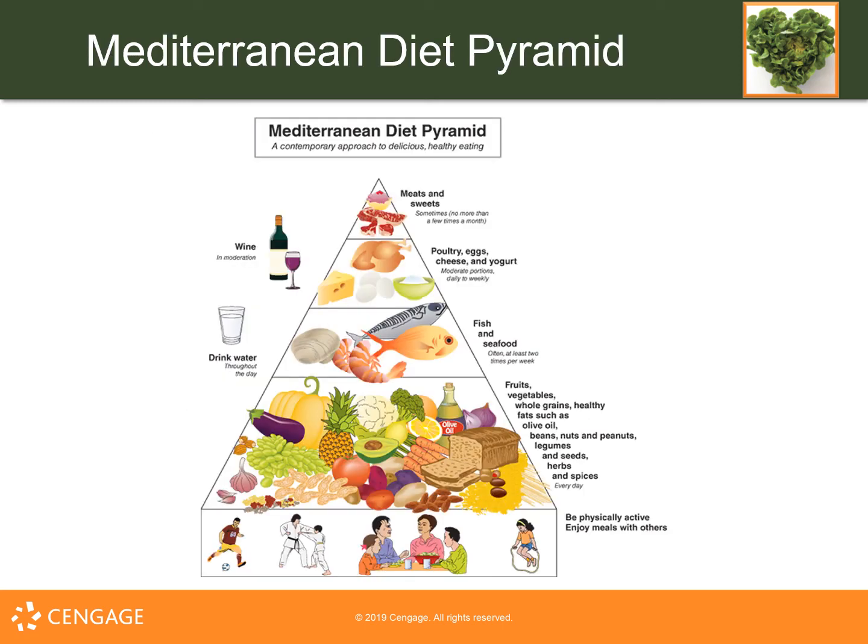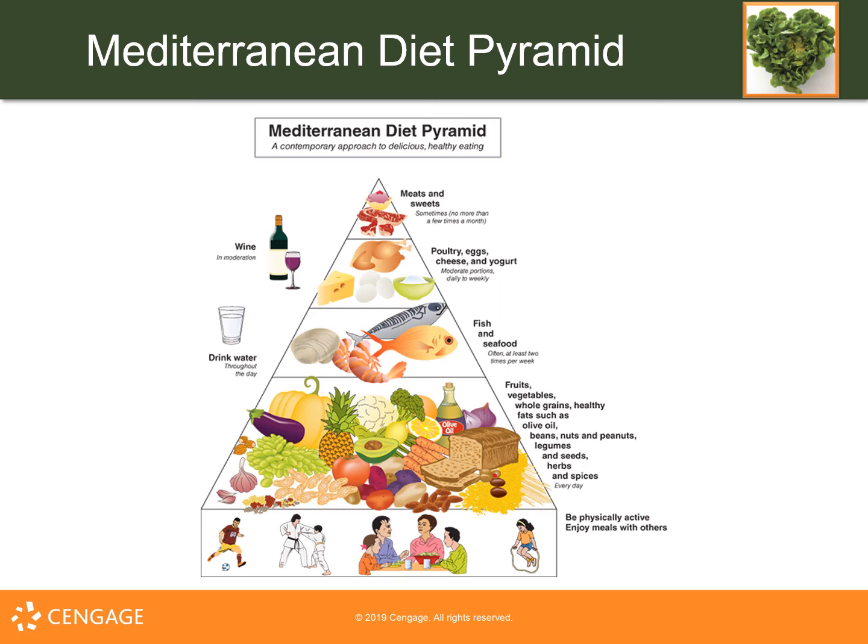This is an image of the Mediterranean diet pyramid. You can see at the top, this is what they're consuming the least amounts of, like meats and sweets, as well as cheeses, poultry, and yogurt. It incorporates fish and seafood at a more moderate amount.